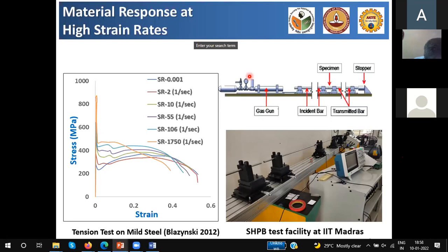The modulus more or less remains the same, even though the yield stress changes a lot. The only way to capture this is by doing an experiment. And this has been in the literature for quite some time, and people have been trying to capture this through various models.